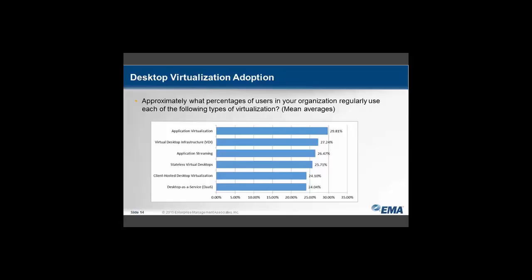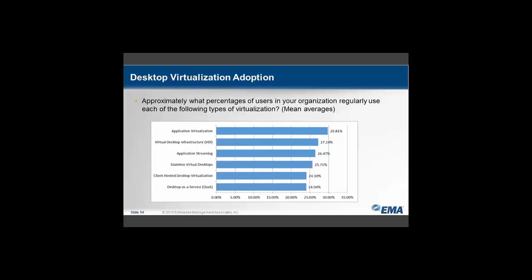Looking at the types of desktop virtualization solutions adopted, we can see that application virtualization slightly edges out other types of virtualization as the most commonly employed. This chart shows the mean average percentage of employees that are actively using each type of virtualization among those organizations that have adopted them.